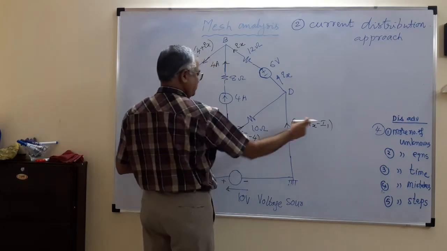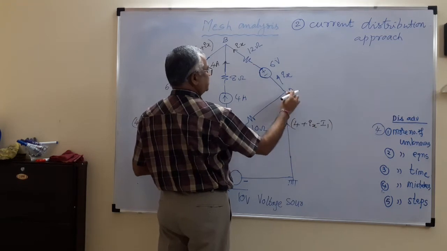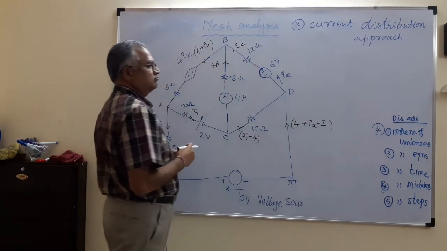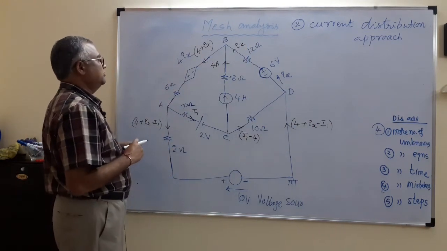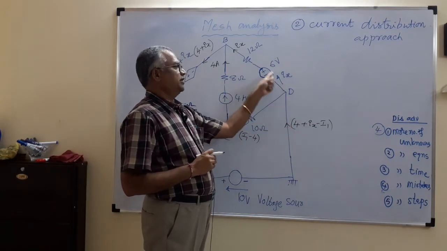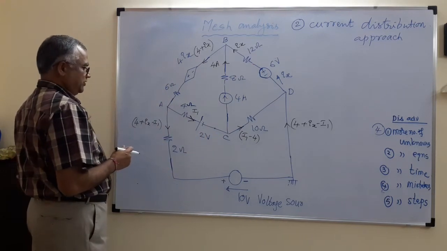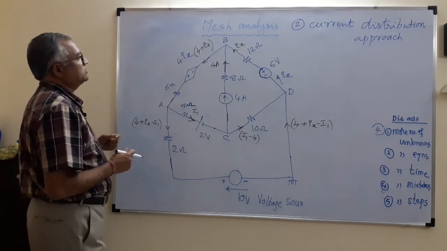Now if you add these two, what do you get? Plus I1 minus I1 cancel, minus 4 plus 4 cancel. What is the outcome? Ix. So we started here with Ix. This and this added, also you are getting Ix. Therefore it is correct.